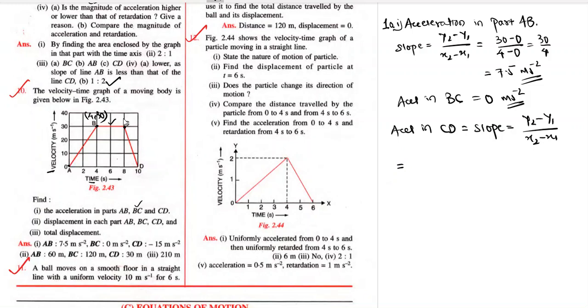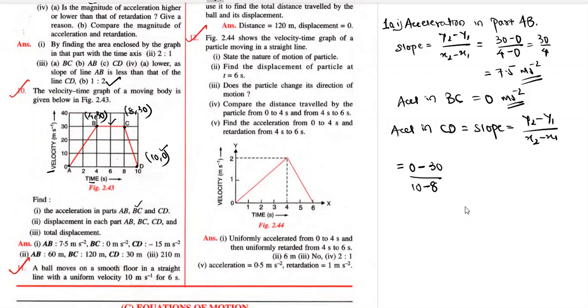Anyway, so this point C has coordinates 8, 30 and point D has coordinates 10, 0. So what is y2? y2 is 0 minus y1. y1 is 30, upon x2. x2 is 10 and x1 is 8.